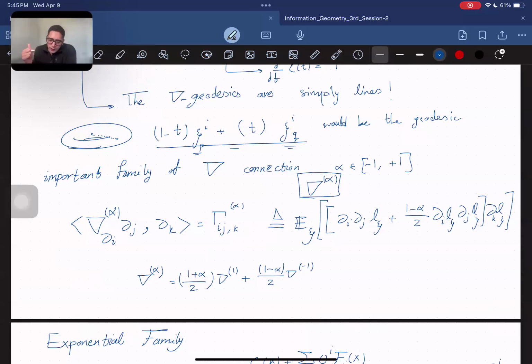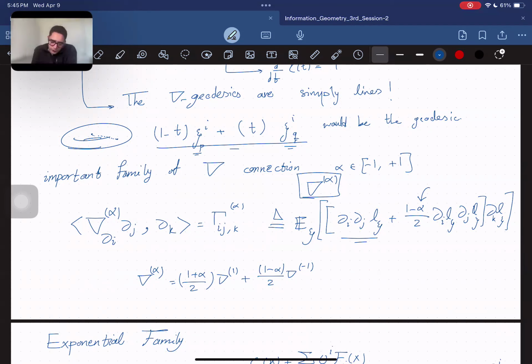So I take the partial derivatives of the log of the likelihood of the probability system you have, and then I have just this alpha parameter here, and everything as stated here. Okay.